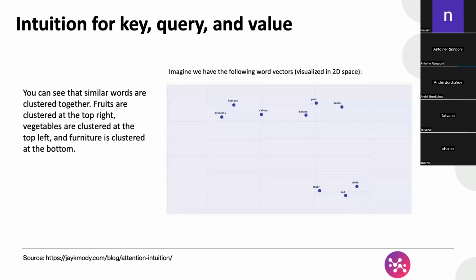Now, using their vector representation, we should be able to find out if banana is close to peach because it's a fruit, or it's closer to a chair because, okay, in this case it's not. But so using vectors, we can determine similarities between concepts, between words.